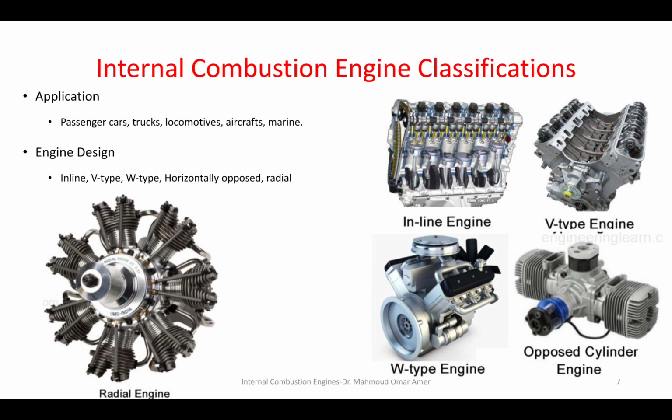But having an engine that is very long takes space from the inside cabin of the car. So how do we make the engine produce the same power and make it even shorter?